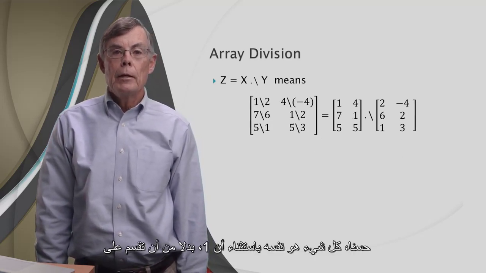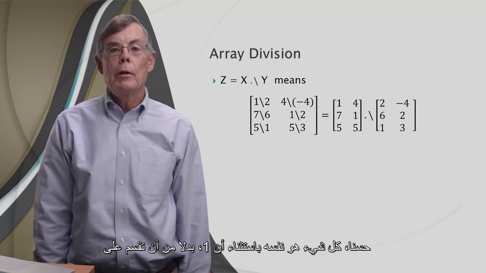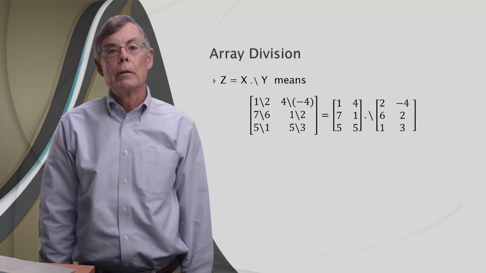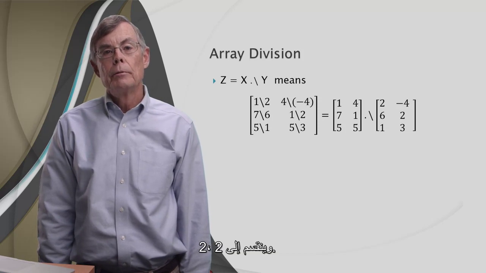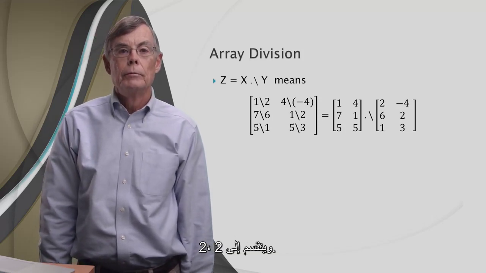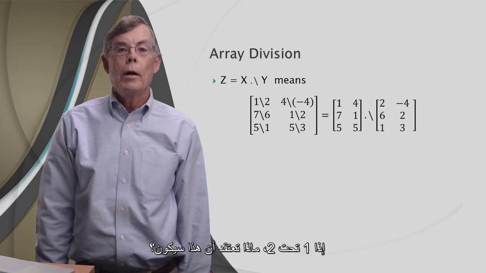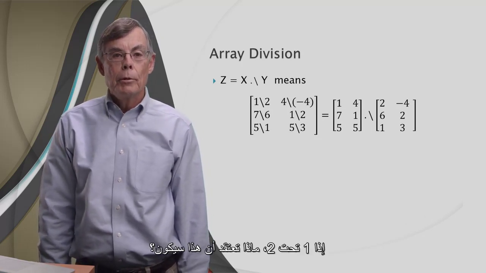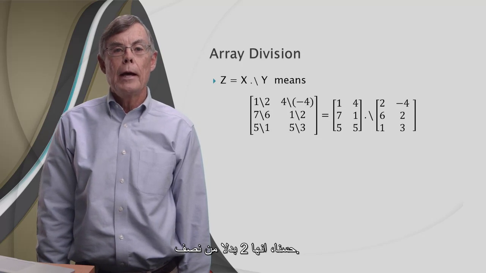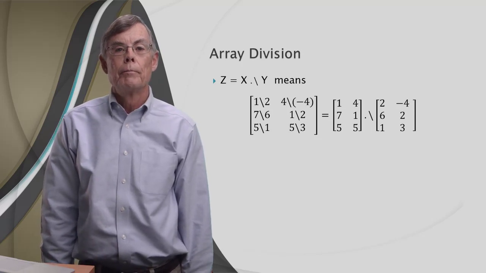No surprise there. And what about the backslash case? Well, everything's the same except that 1, instead of being divided by 2, is divided into 2. This is the 1 under the 2 case. So 1 under 2, what do you think that's going to be? Well, it's 2 instead of 1/2. 1 goes into 2 2 times.